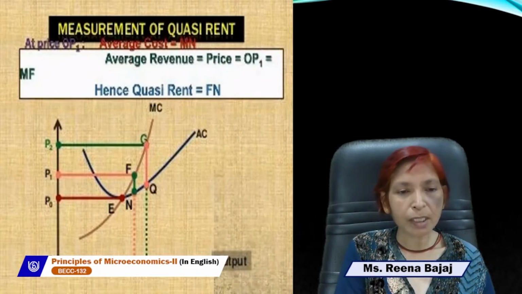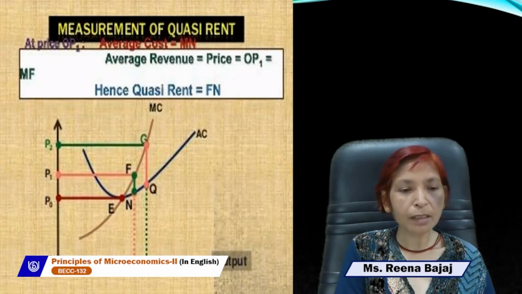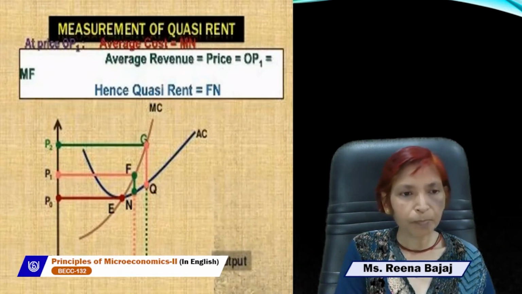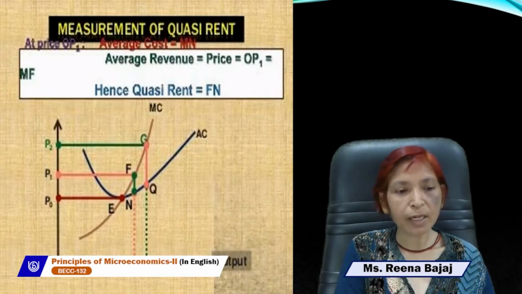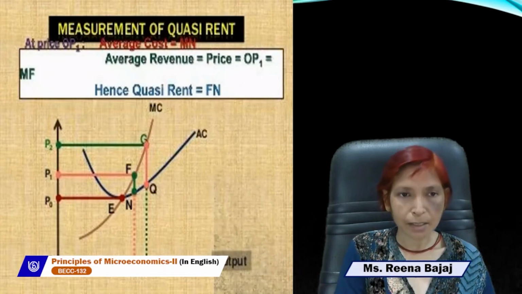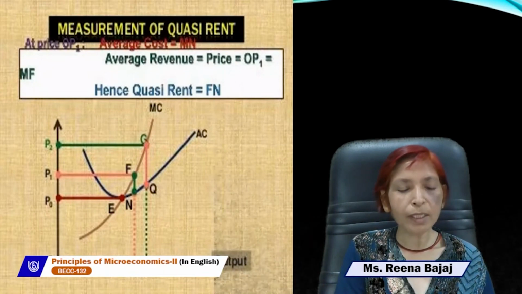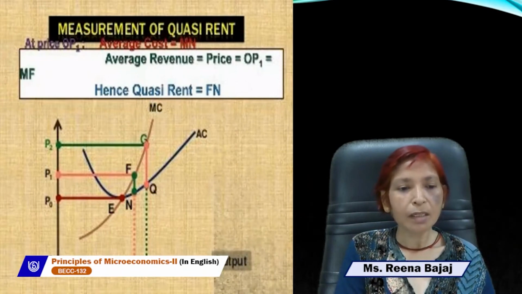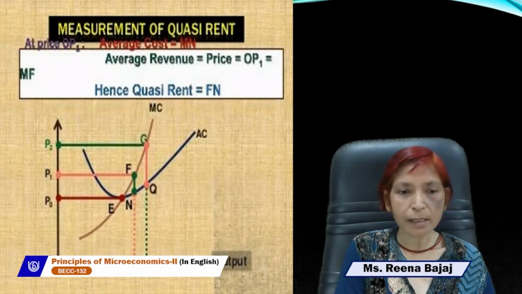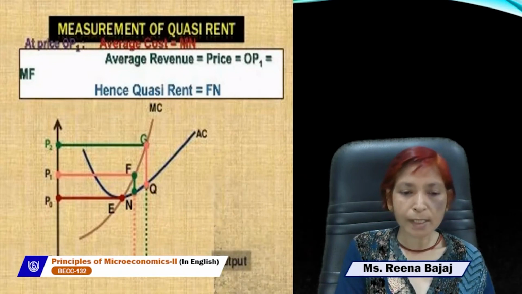Where AC and MC intersect each other at point N, both costs are at their minimum. The gap between F and N is called quasi-rent. So quasi-rent only arises when total revenue is more than total variable cost, or the gap between MC and AC shows quasi-rent.